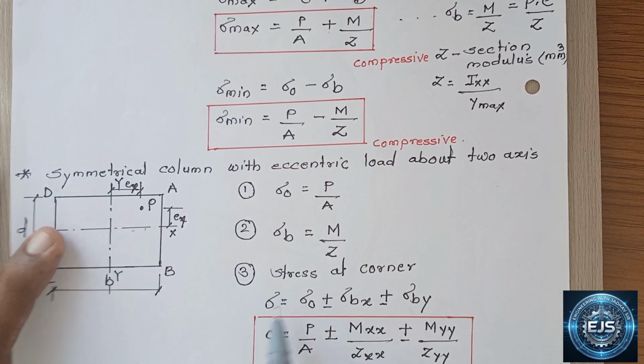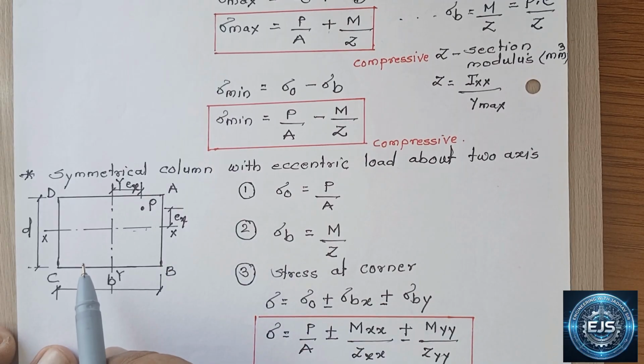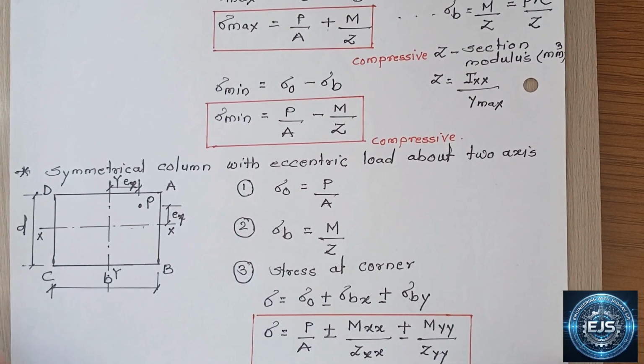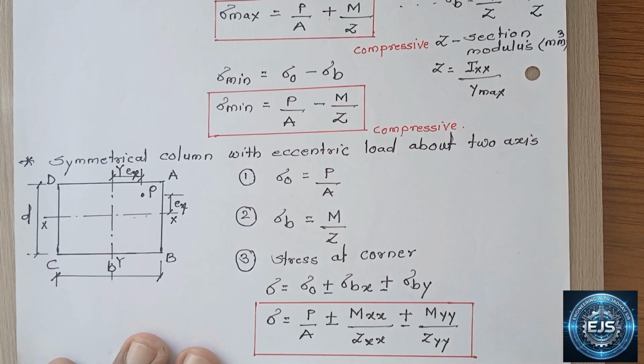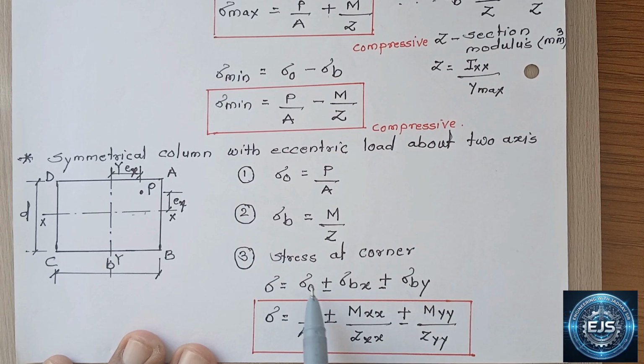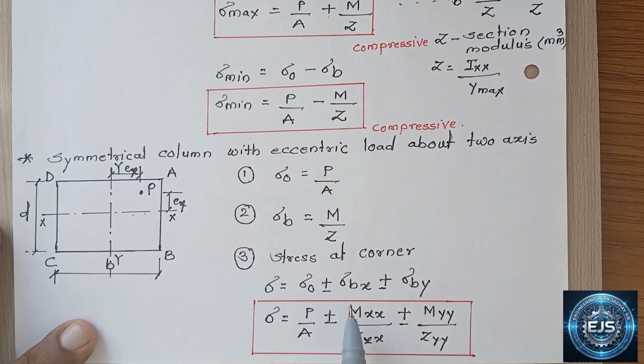Therefore, the stress at the four corners, ये प्रॉब्लम आता है. Find out the resultant stress at the four corners, that is A, B, C, D of the column. So resultant stress at the corners of this column is calculated by this generalized formula. Sigma, the resultant stress at the corners, is equal to direct compressive stress plus or minus sigma bx plus or minus sigma by. What is sigma bx?